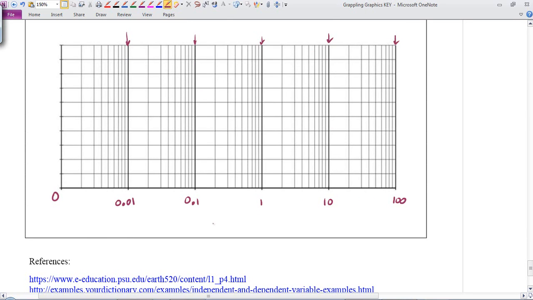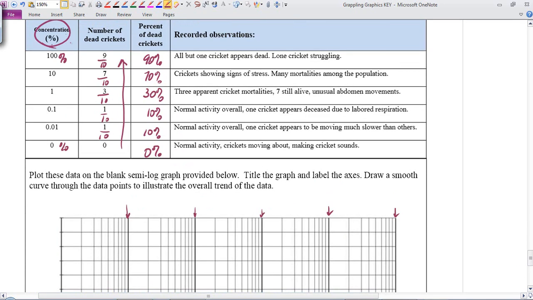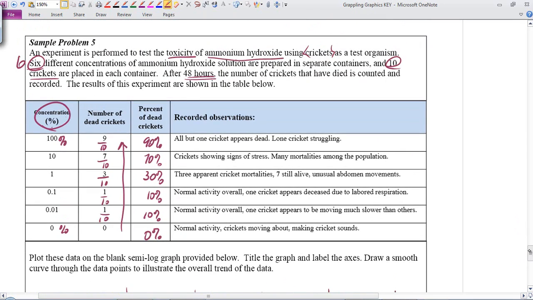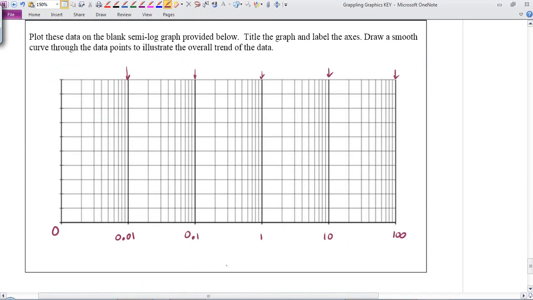Now, what is this? What do these numbers correspond to? When in doubt, look back at your table. Concentration. Concentration of what? You may have to read again. It was ammonium hydroxide. You can write the words, or if you've had chemistry and you know it's ammonium hydroxide, NH4OH.